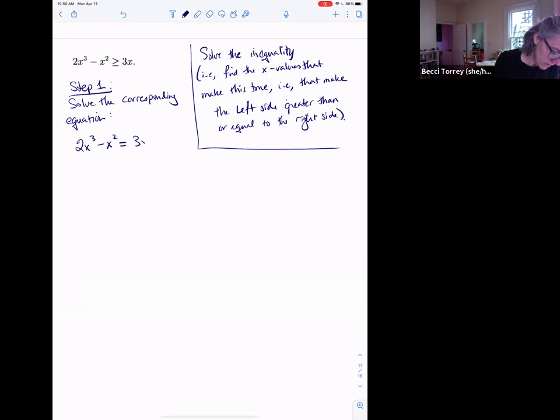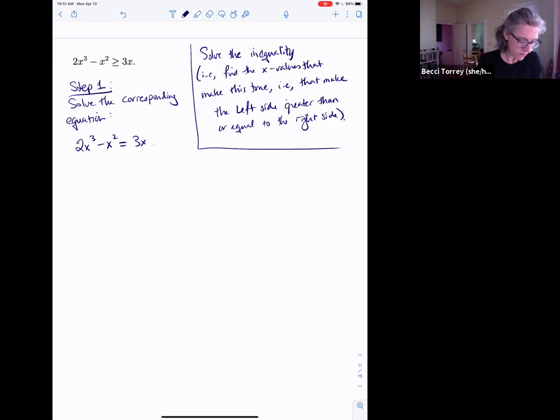The reason we're doing this is because the equality will give us the x values that make the corresponding function equal to 0, and finding the zeros is much easier than testing whether something is positive or negative, or maybe we're going to get 0 on one side like we did before, because testing whether something is positive or negative is easier than finding whether one thing's bigger than something else.